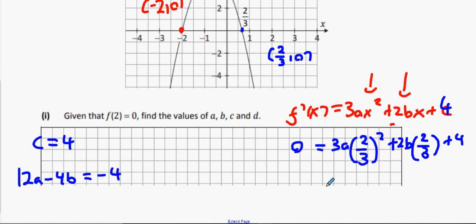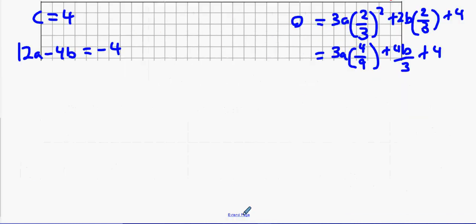Okay, and then what I should get here is, that's going to be 4 over 9, so it's going to be 3a by 4 over 9. And then it's going to be 2b, so it's going to be 4b over 3 plus 4. The 3's will cancel there, won't they? So the 3 and the 9 will cancel, so that'd be 4a over 3 plus 4b over 3 plus 4.